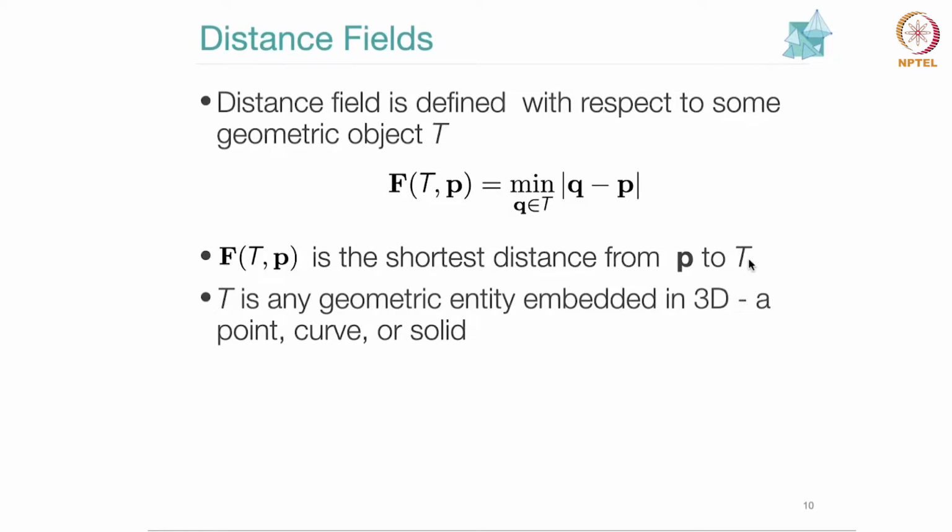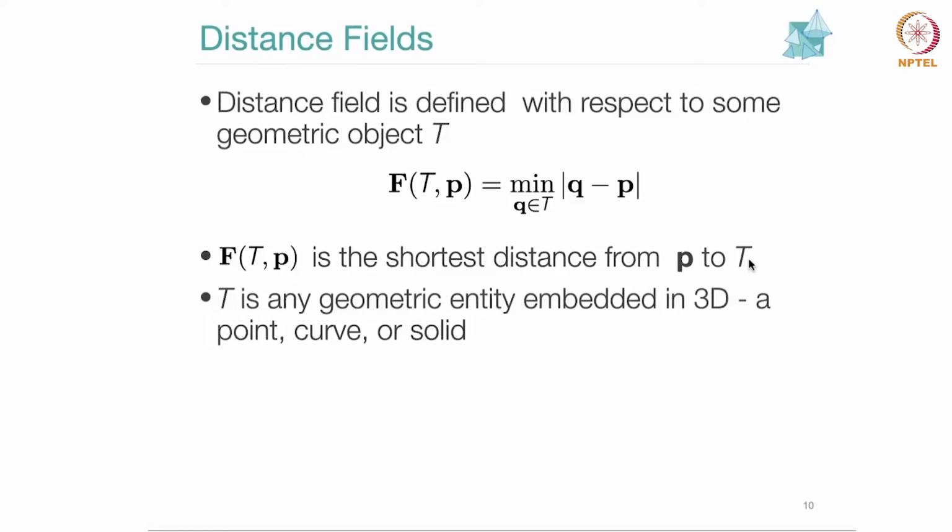So a distance field with respect to a geometric object T. I'm not only talking about skeletons, like we said in skeletal modeling; I can go one step further and say I can have any arbitrary geometric object T, any shape, and I can define a distance field on that shape. A distance field F defined on the shape T at a point P in this space is given by the shortest distance to the shape.